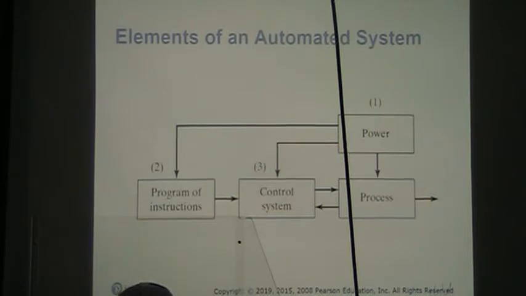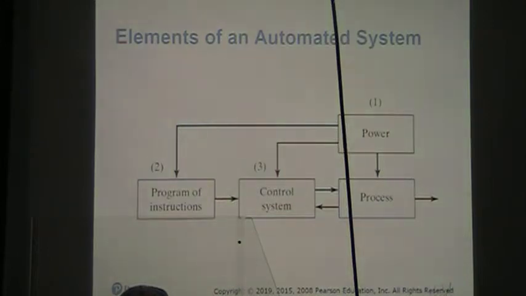All right, so the elements of an automated system, well, we have to have power to run the system. That doesn't mean it has to be electricity. It could be pneumatic power or hydraulic power or mechanical power that's delivered some other way. For example, in factories around the turn of the 20th century, it was very common for machines to be run off a series of belts that drove the machines.